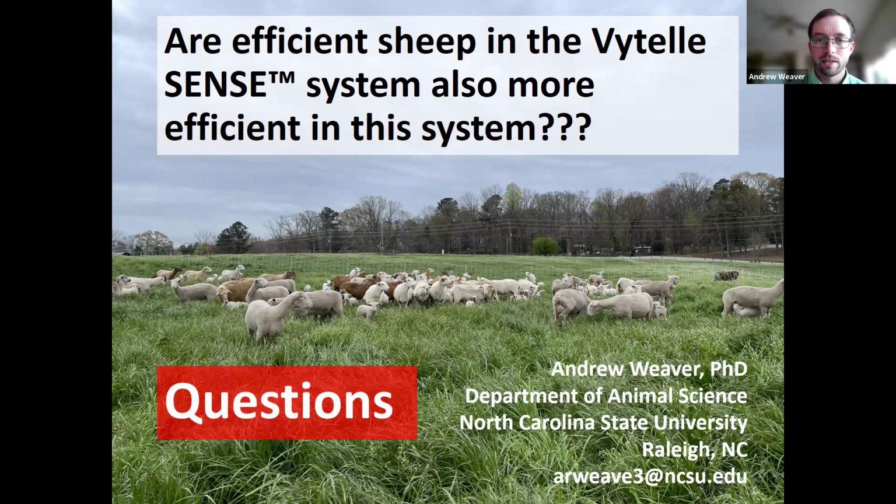I have some concerns for the push, especially like in Angus, for residual average daily gain. And you'll sit in groups that are discussing feed efficiency, and they will argue all day long whether we should use RFI or residual average daily gain.